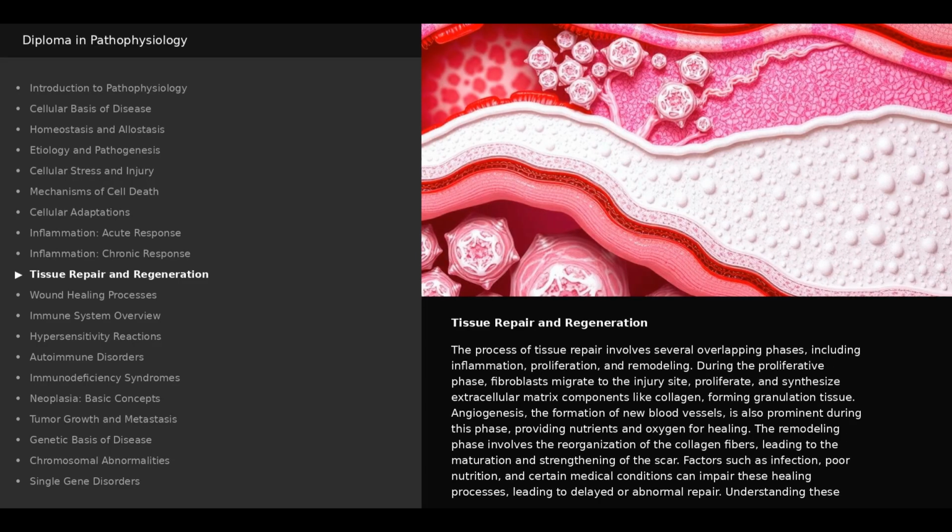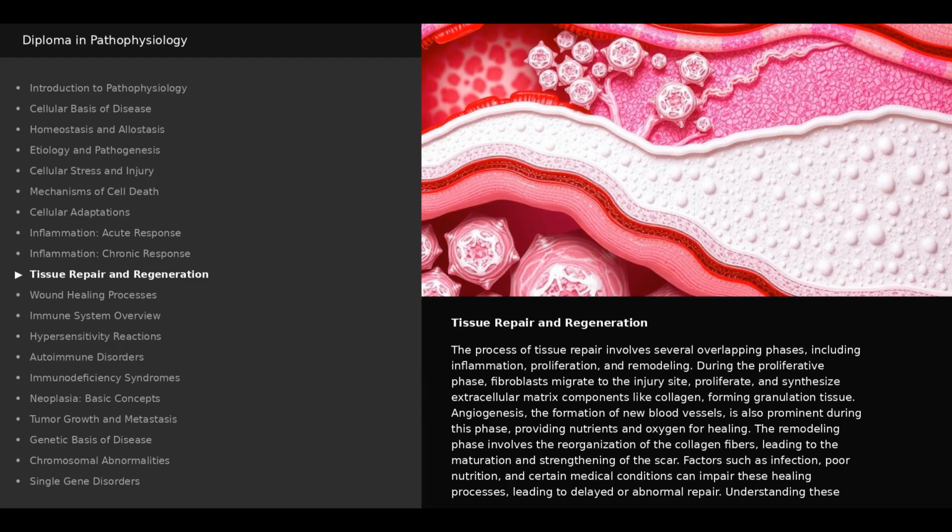The process of tissue repair involves several overlapping phases, including inflammation, proliferation, and remodeling. During the proliferative phase, fibroblasts migrate to the injury site, proliferate, and synthesize extracellular matrix components like collagen, forming granulation tissue. Angiogenesis, the formation of new blood vessels, is also prominent during this phase, providing nutrients and oxygen for healing.